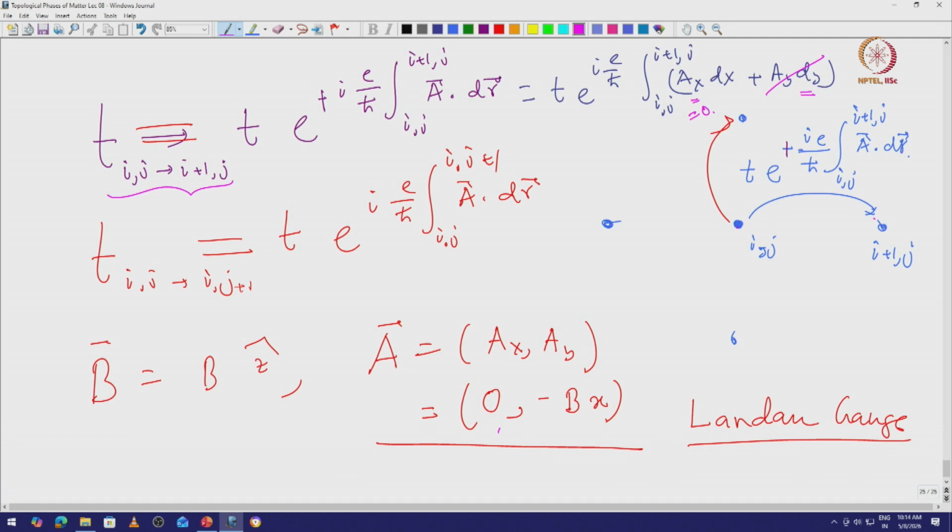then will be A y dy going from i j to i j plus 1, okay, it is the same. Okay. Minus B x, so x means x i.